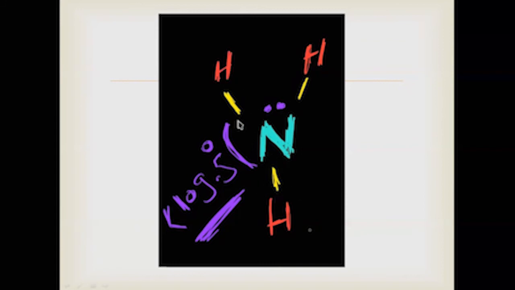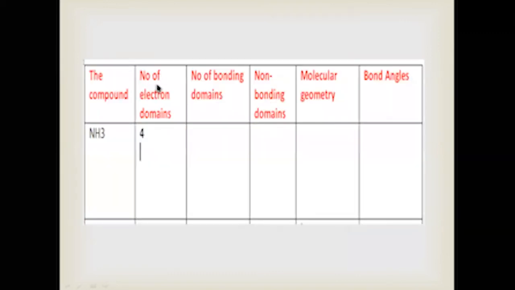So that means we have three bonding domains, and we have these two electrons. This pair of electrons is not bonding with any other atom, so that means this pair is a non-bonding domain. So now we have four electron domains, three of them bonding domains, and one of them is a non-bonding domain.